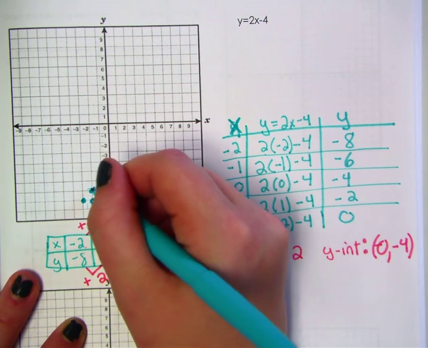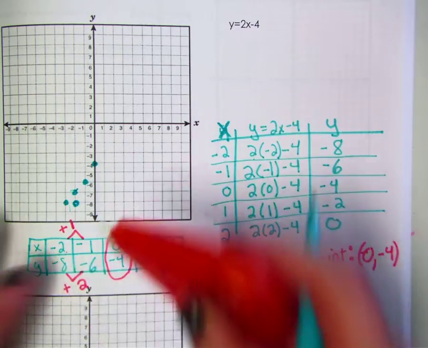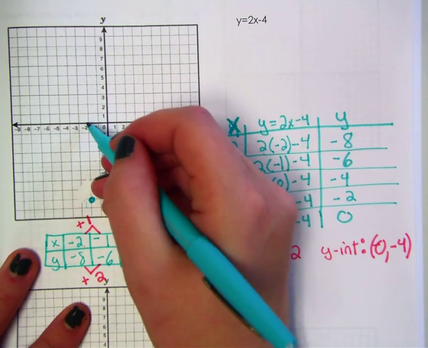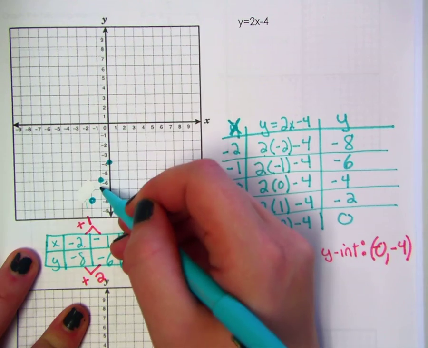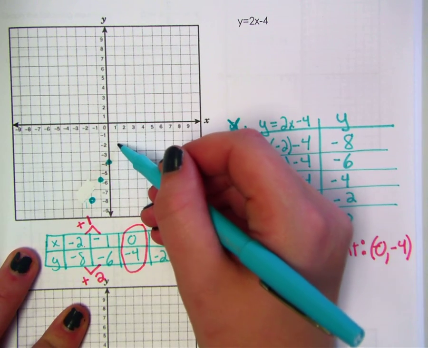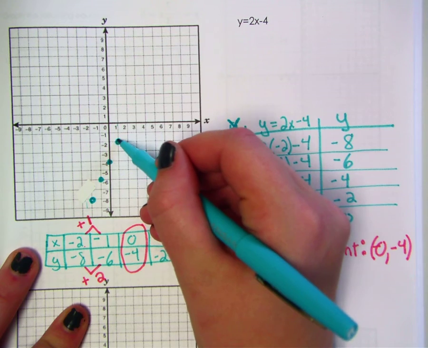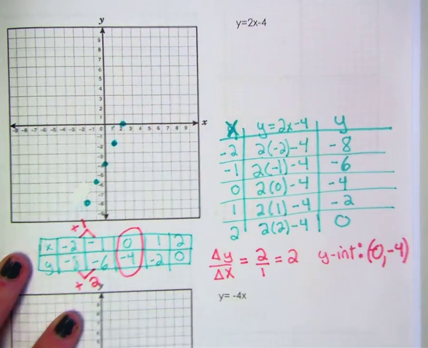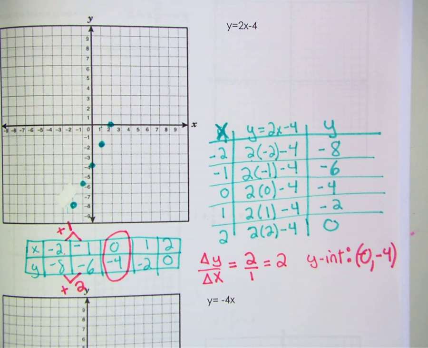Alright, let me try this again. Okay, -2, -8, -1, -6, 0, -4, 1, -2, and 2, 0. So our line looks like that when we graph it using our points.